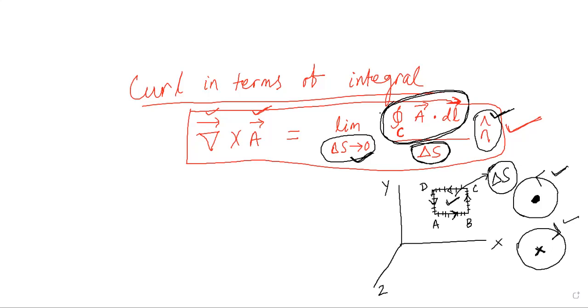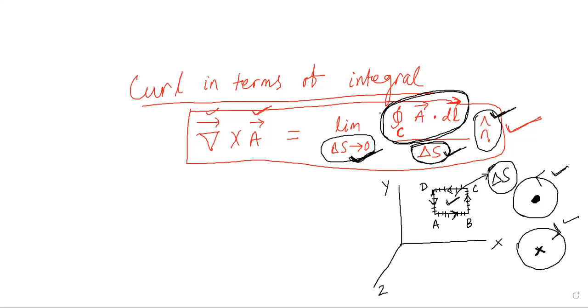So A dot dl gives you the variation of the vector field along this particular path, and this closed path encloses a surface area. So per unit area, what is the change we got when the area we have considered is infinitesimally small, and the n cap gives you the direction.